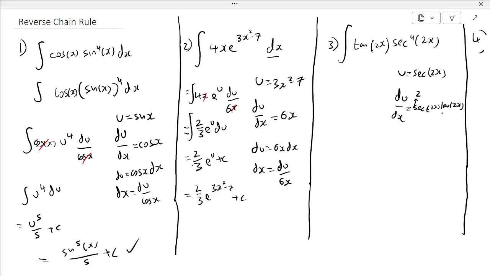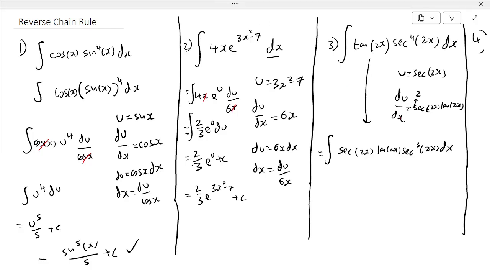Sec 2x tan 2x. Well, that is here, right? I didn't remember my dx. That is kind of here. If I take this sec to the 4 and split it up a bit, if I make that sec 2x tan 2x, and then I've still got a sec cubed.